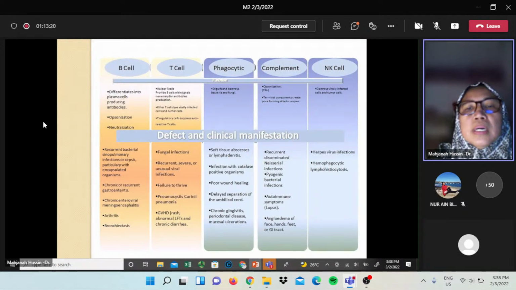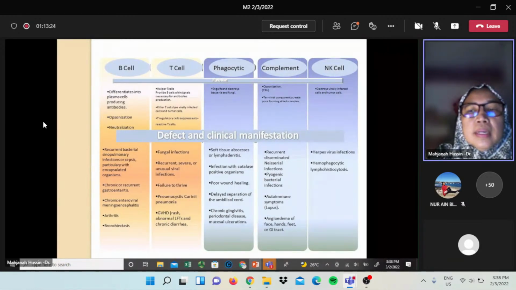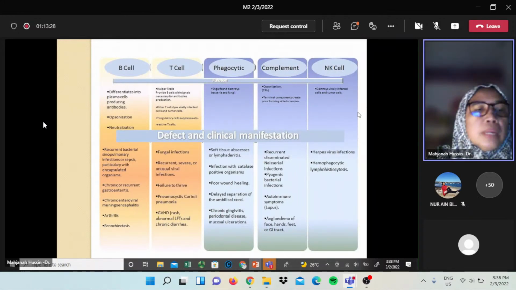So what is diagnostic immunology? When it comes to immunology, diagnostic immunology is almost a confirmation, because you cannot fake it. If you are exposed to HIV, your antibody is already there.